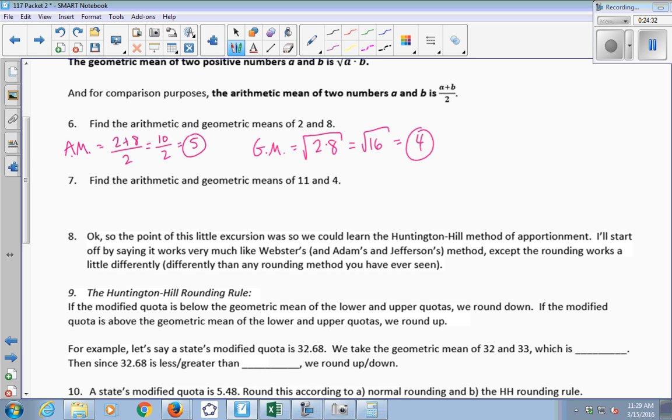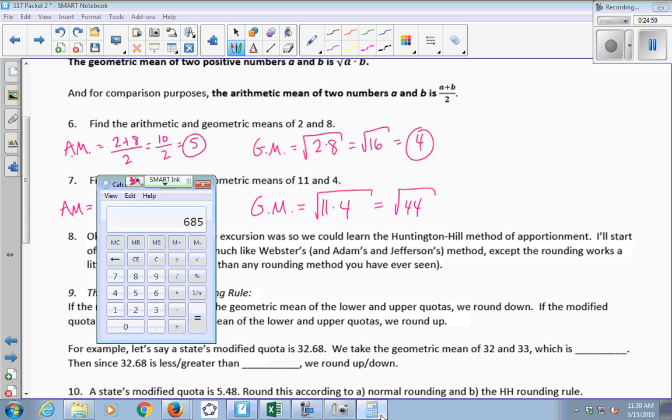So the arithmetic mean of 11 and 4, add 11 and 4, divide by 2, you get 15 over 2, which is 7.5, right? But then the geometric mean, you multiply 11 and 4 and then take the square root. So it's the square root of 44. Is 44 a perfect square number? It's just a radical.